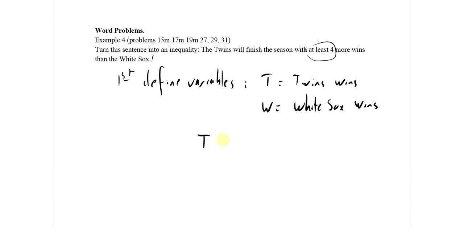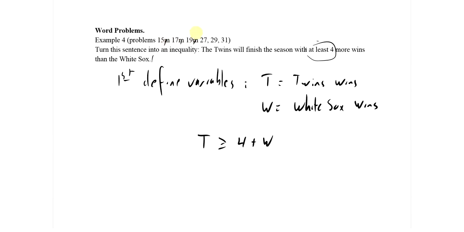They will have at least 4 more than whatever it is the White Sox win. So this is how much the White Sox will win, plus 4. The Twins' amount of wins will be greater than or equal to that. So we can turn sentences into inequalities. I think all these M's here were supposed to be commas, and I just missed the comma.